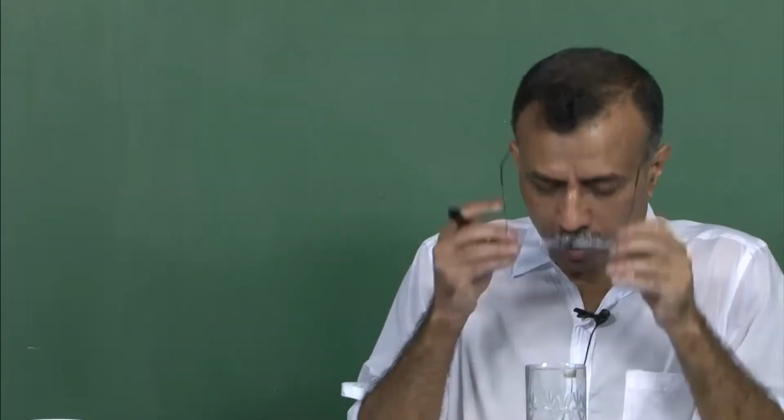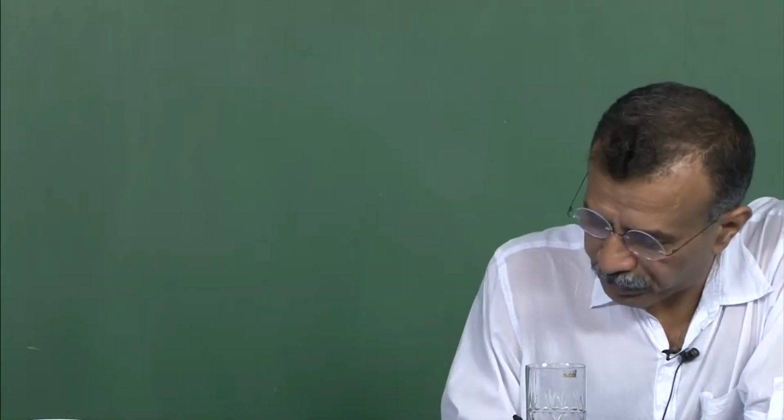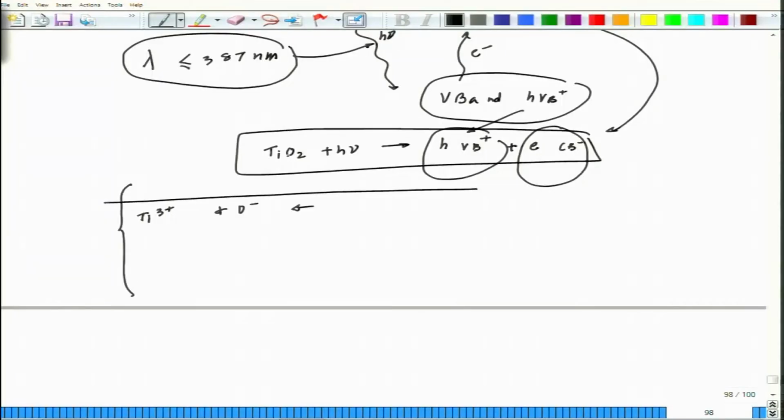Okay. So coming back to where I was, I told you that TiO2 plus water plus light is generating an electron and hole combination.